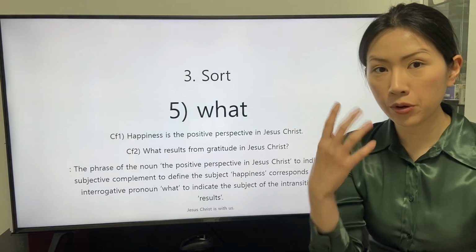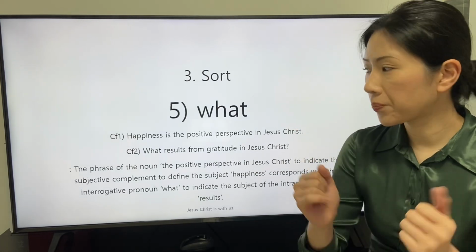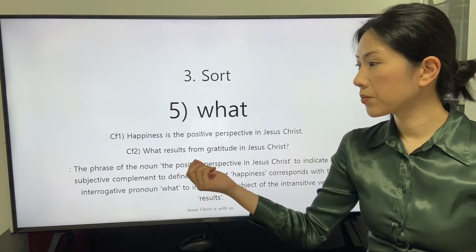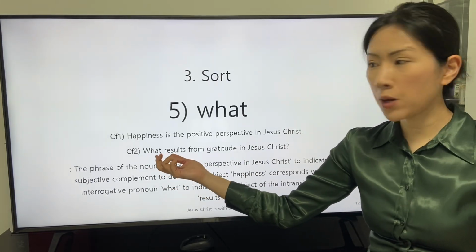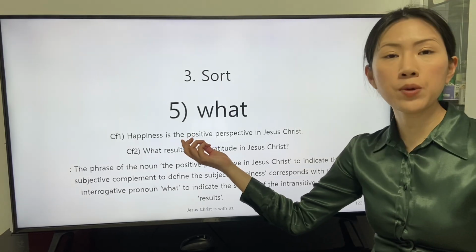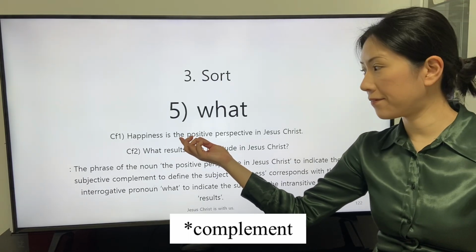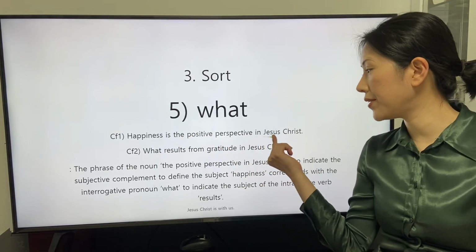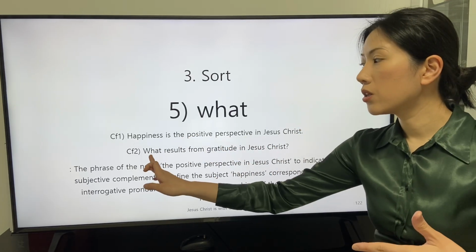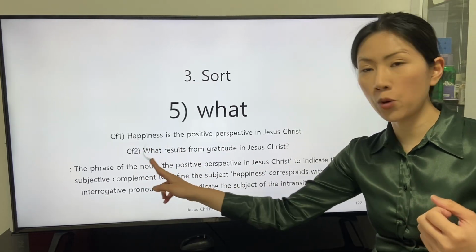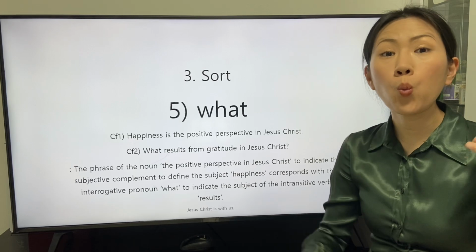From this accordance, the speaker considers the pronoun what as the shared indication. The speaker replaces the subjective complement in the first sentence, the positive perspective in Jesus Christ, with the subordinate clause linked by the subordinating conjunction what.